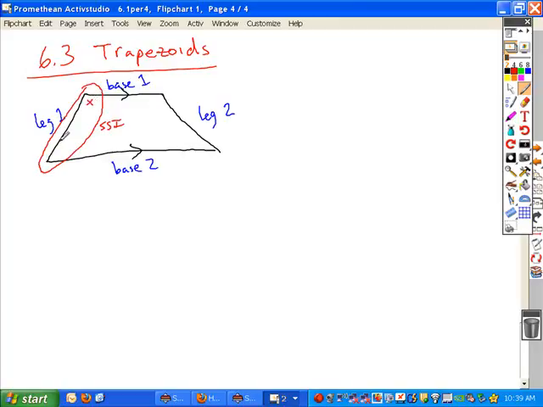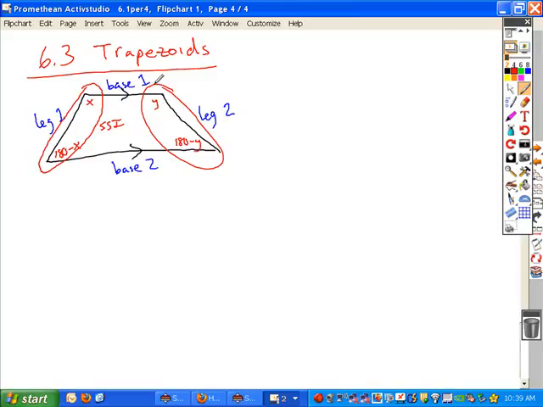So if one angle is x, the other angle, the same side interior angle, will be 180 minus x, or the supplement. Same is true over here. If this angle is y, then 180 minus y would be the other base angle. Okay, that's true for all trapezoids. It's true for all parallelograms as well, but when you're looking at trapezoids, be aware of that.